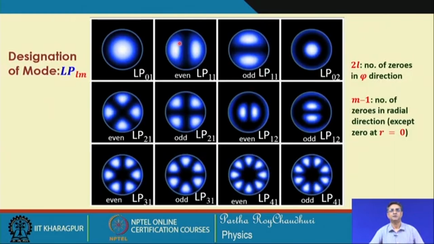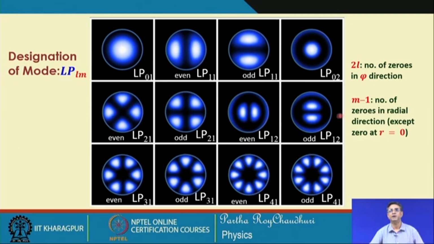Now, the various modes LP01, LP11, LP11 odd and even, it can have two parities, it may have an orientation like this or it can be oriented in this way and so on. You have LP12. So, basically this mode designation comes from LP-LM, where L is the Bessel order and M is the number of zeros of the Bessel function in the radial direction.